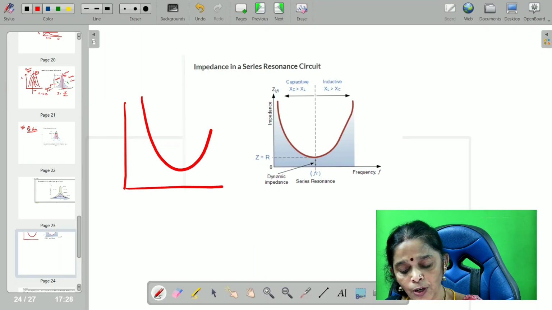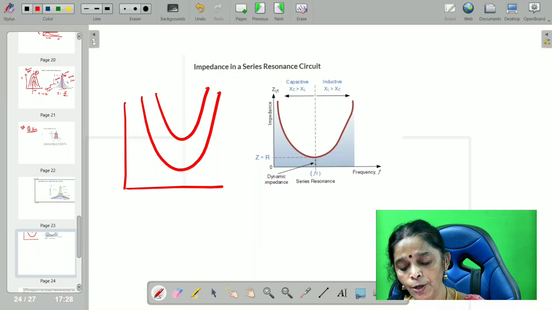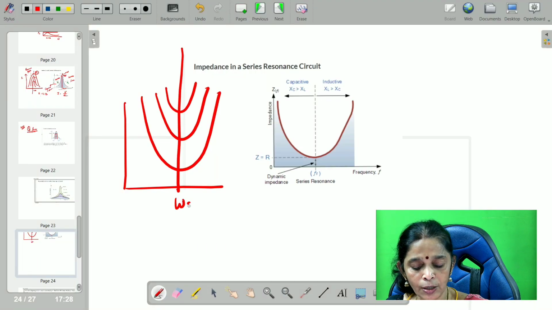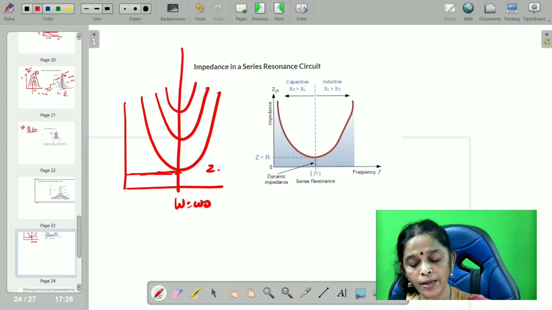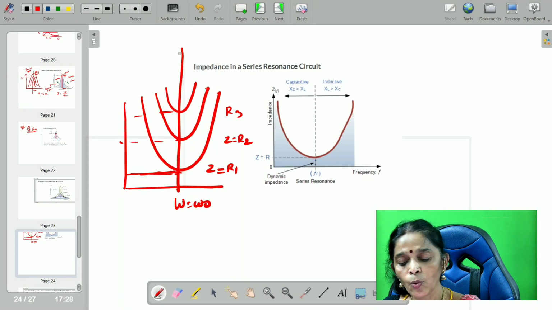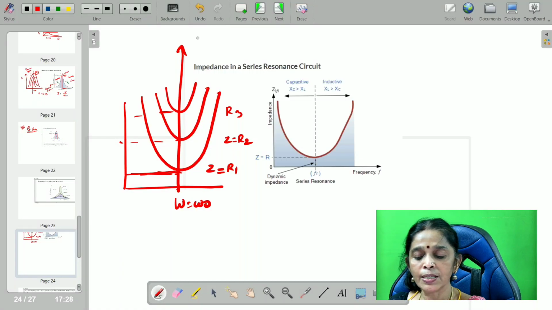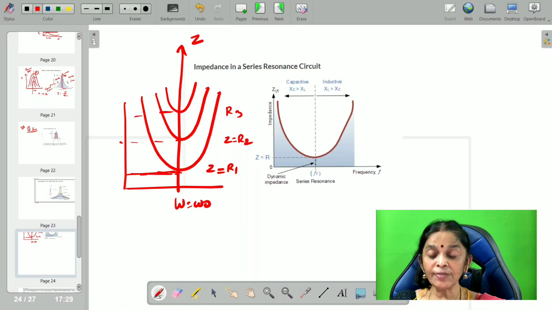This is impedance for resistances R1, R2, R3. At omega equal to omega naught, this is the minimum impedance, Z is equal to R1. A little more, Z is equal to R2, and Z is equal to R3. This is impedance versus omega.